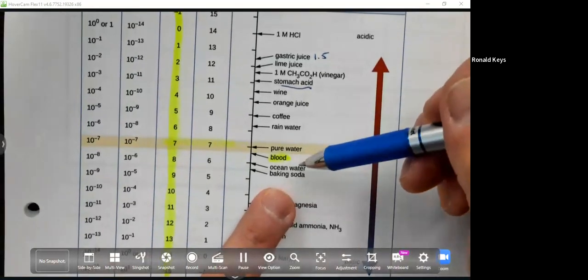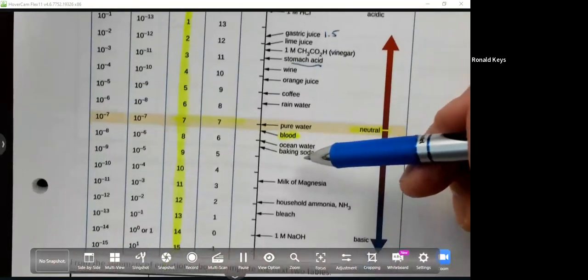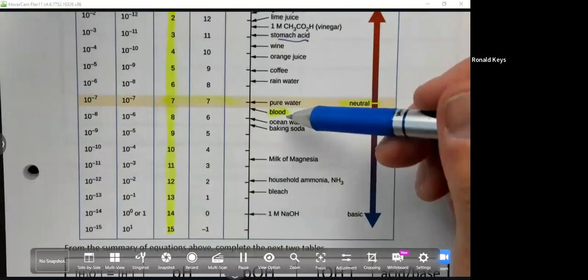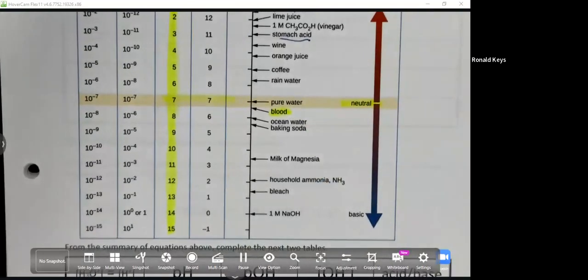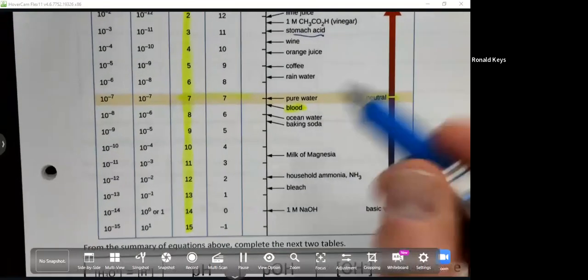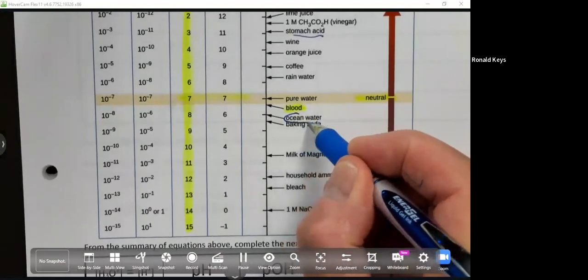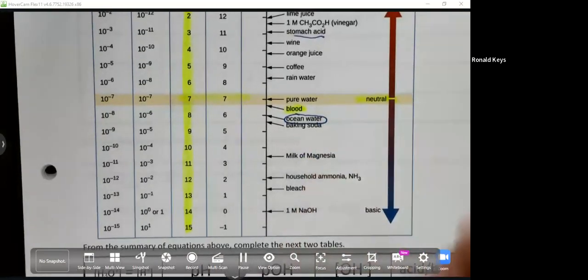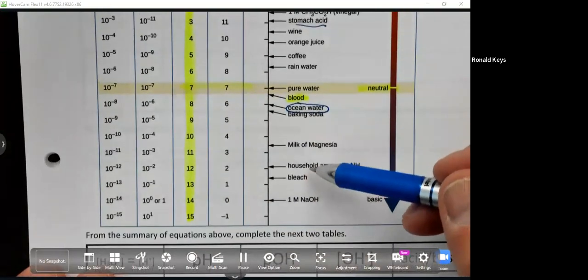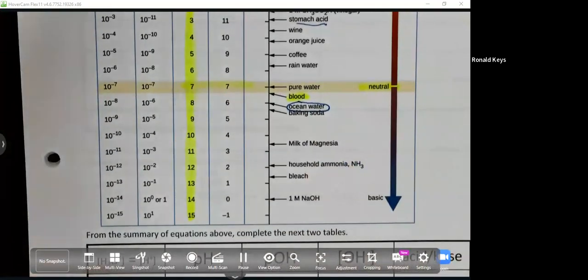Now, when you get down here, you get a base. Anything that's slippery is a base. So you know if you swam in the ocean, that water is a little bit more slippery than a lake or something. But you get down here, you've got bleach and sodium hydroxide and stuff.